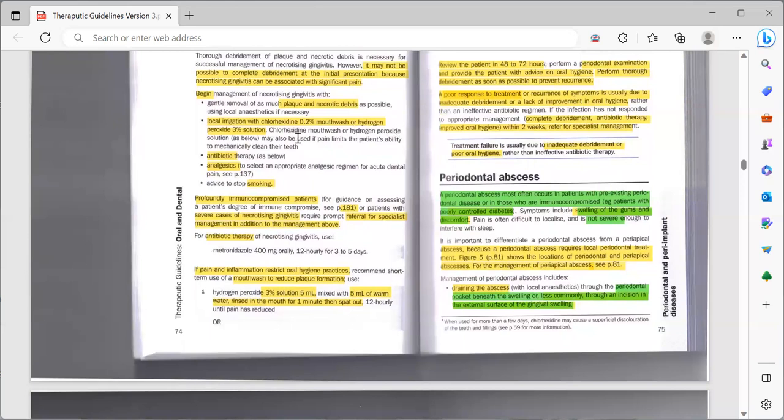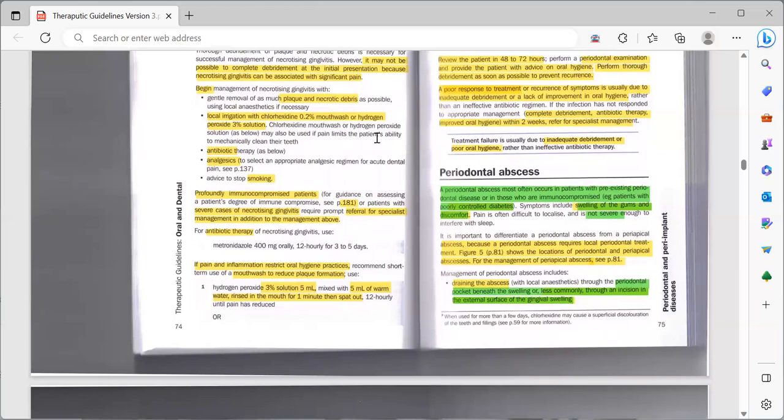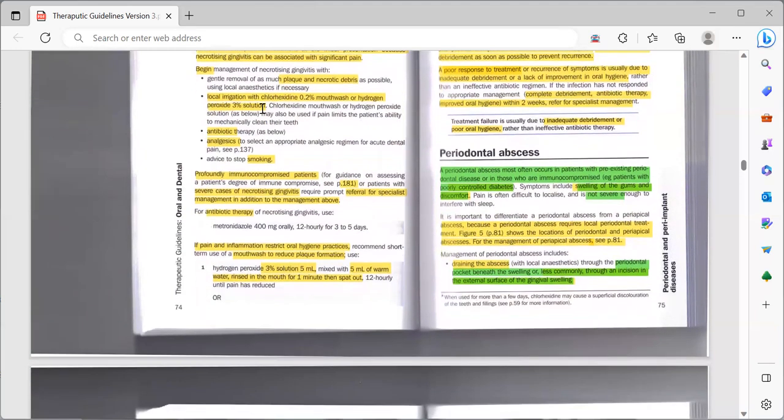Chlorhexidine mouthwash or hydrogen peroxide solution may also be used if pain limits the patient's ability to mechanically clean their teeth. So you would also prescribe these to the patient to take home, and you can also irrigate that area by flushing with chlorhexidine mouthwash or hydrogen peroxide solution.